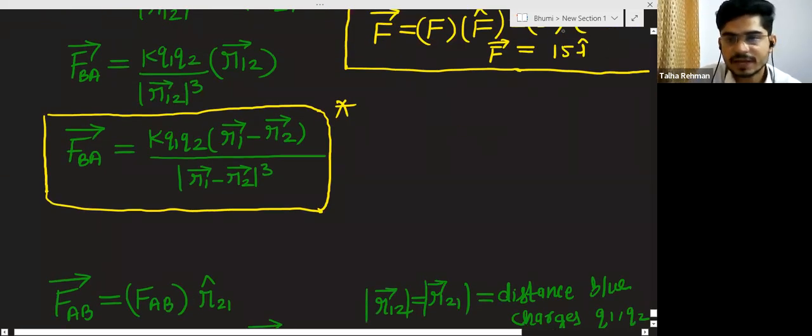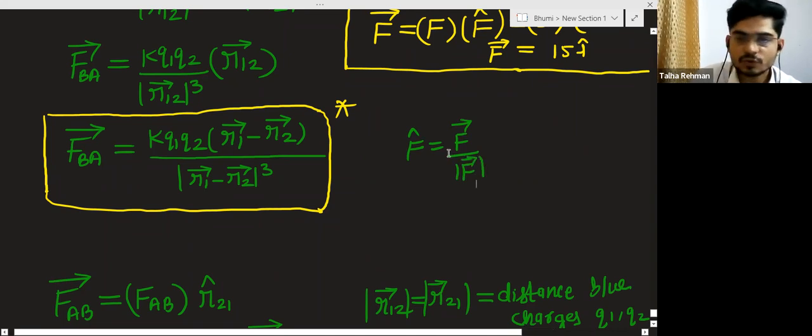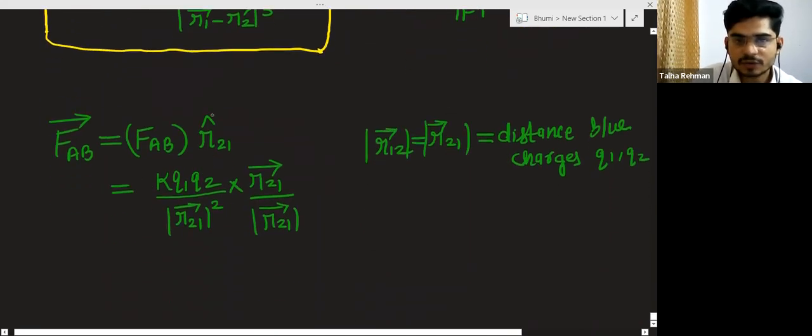You can write any unit vector like this: the unit vector of force can be written as the force vector divided by the magnitude of the force vector. Similarly, if you are writing the unit vector of this, you will write the vector of this divided by the magnitude of the vector of this.